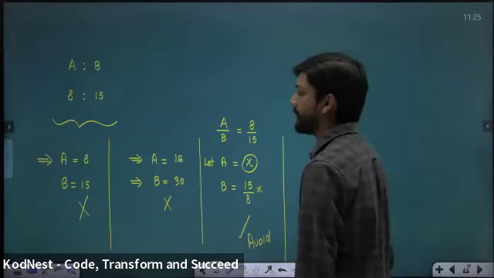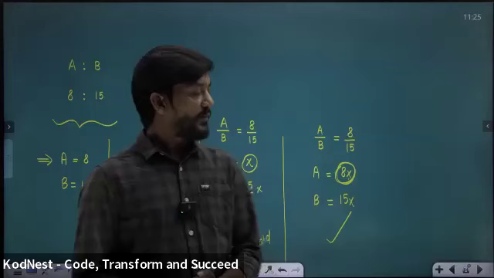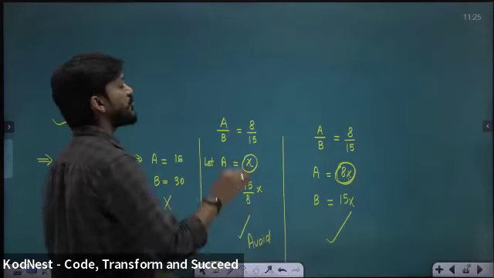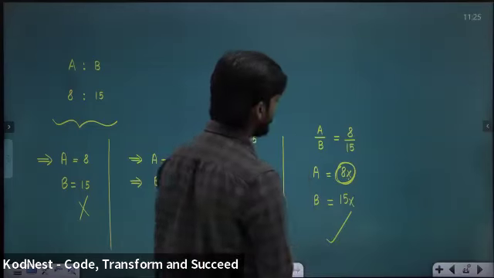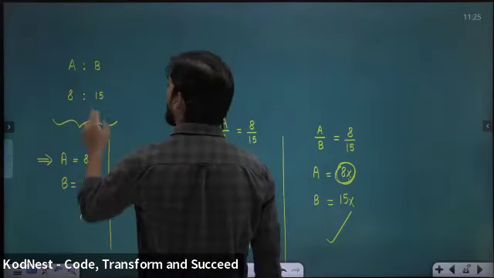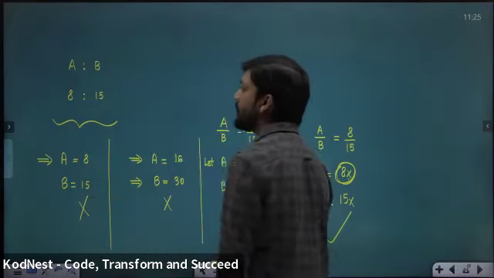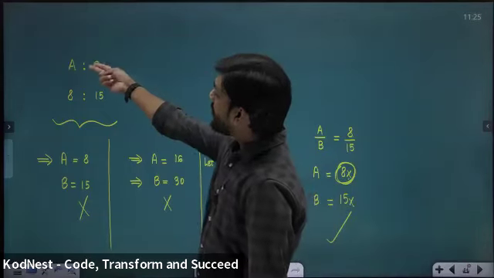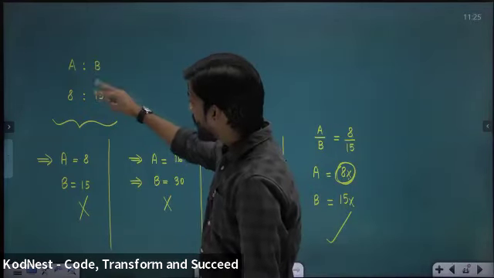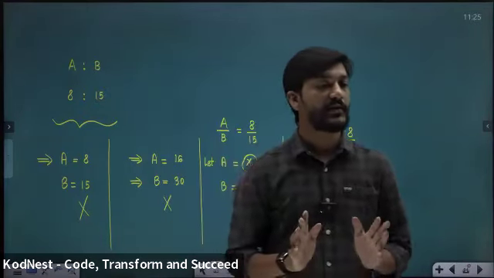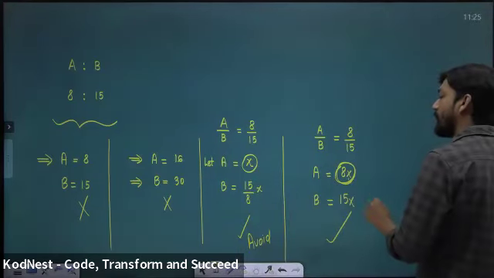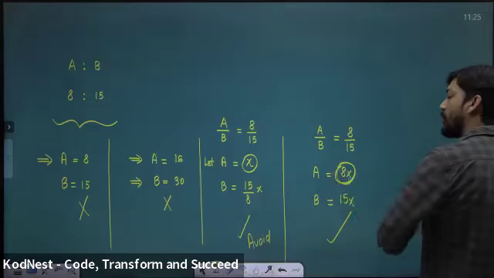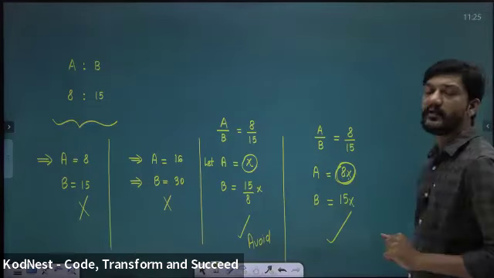All right. Now, my dear, please remember this also. Most of the questions, sometimes a student will say, sir, ratio is given, sir, 8 and 15. That means, sir, A and B will be multiple of 8 and multiple of 15. My dear, it is not necessary that A will be a multiple of 8, B will be a multiple of 15.